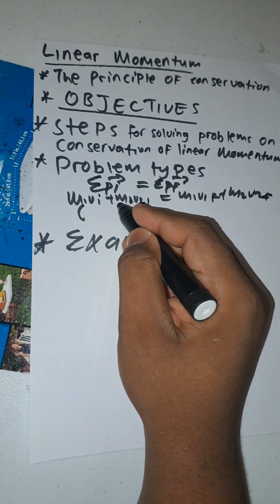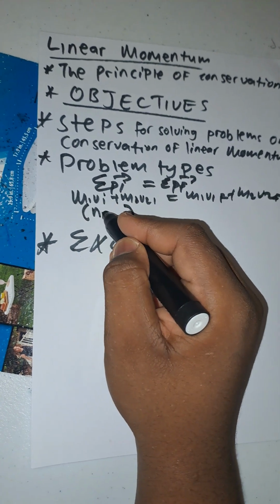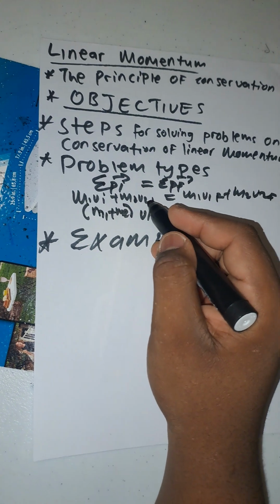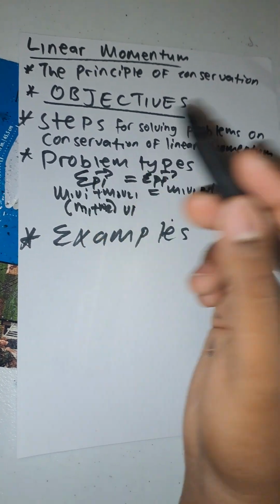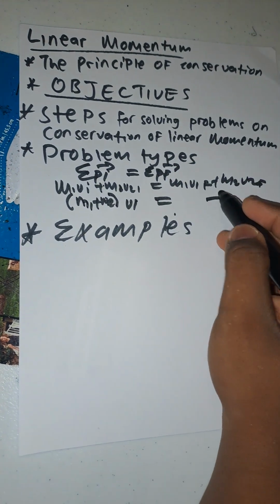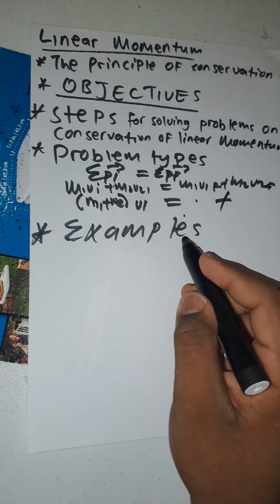When I say problem types, I mean we'll be doing the situation whereby the objects initially are now combined. So m1 plus m2 times vi, initially they are combined, then after the collision they are separated.